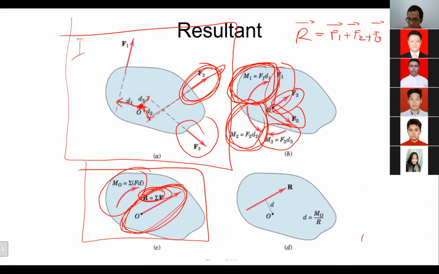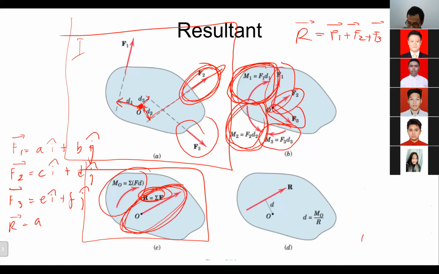For example, F1 is A I plus B J, F2 is C I plus D J, and F3 is E I plus F J. Then the resultant is supposed to be A plus C plus E I plus B plus D plus F J, like that.